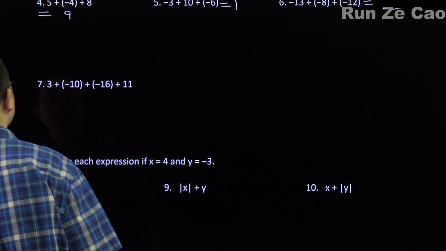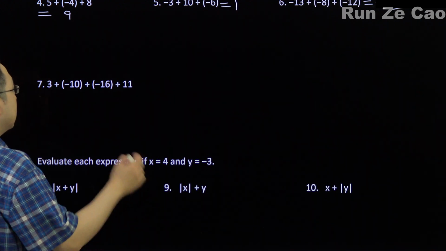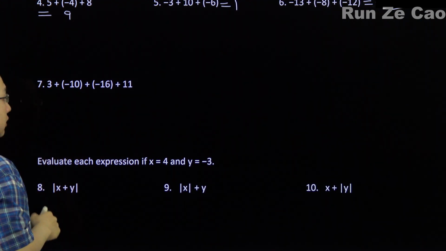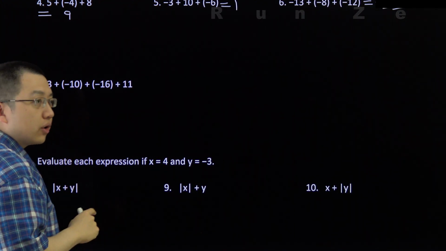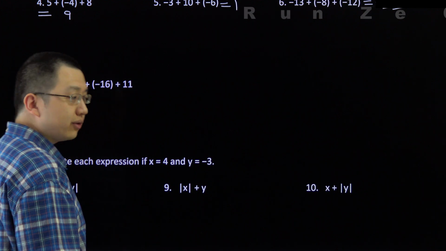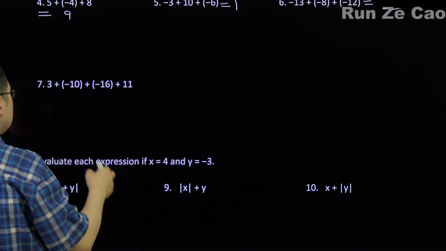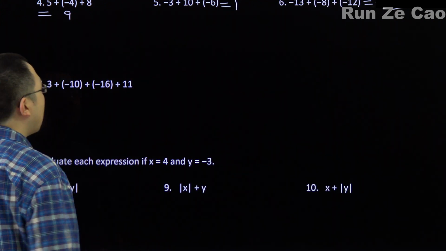Now, 3 plus negative 10 plus negative 16 plus 11, you can group the terms. When it's pure additions and subtractions, you can rearrange the items as long as you move the symbols along with them.